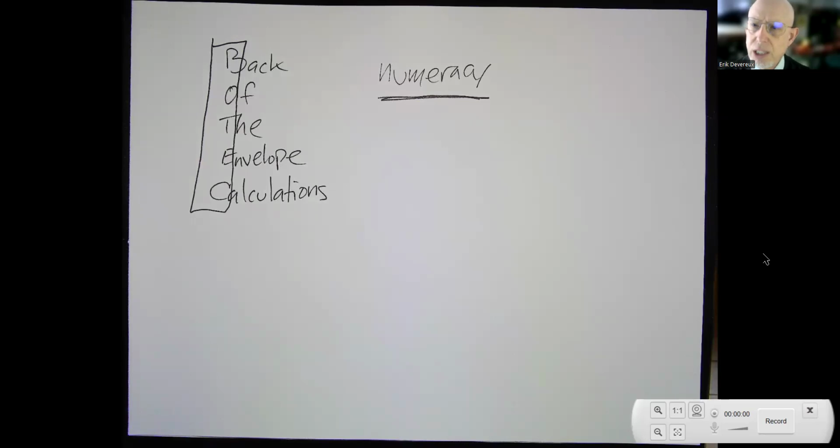Let me just do an example back of the envelope calculation for you right now, one that I actually have used pretty frequently to torture friends and relatives who are involved in social media.